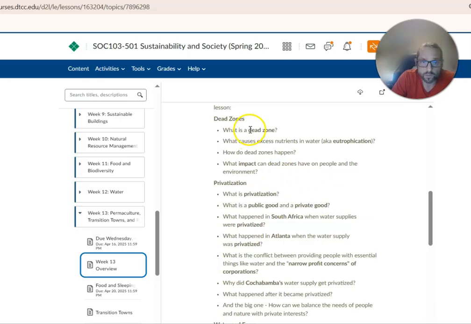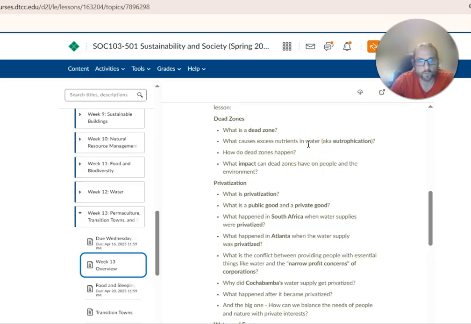So we talked about dead zones. Remember, that's an area of low or no oxygen near the bottom of a body of water. It's anoxic, meaning lack of oxygen. And it's caused by eutrophication. Remember, eutrophication is just excess nutrients in the water.